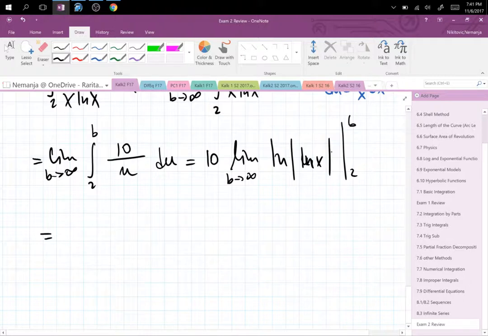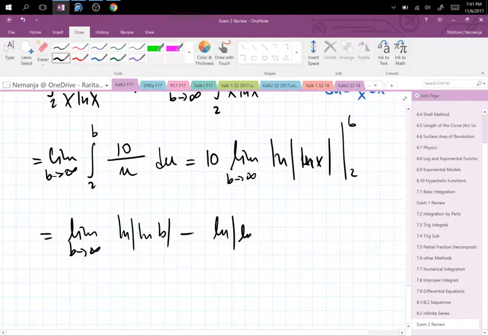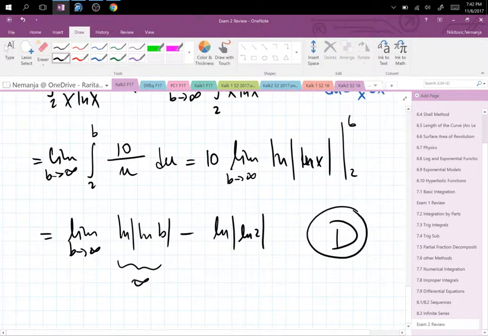Because when you plug in b, limit as b goes to infinity, we have ln of b minus ln of 2. Now, ln of 2 is okay. It's going to be some number, 1 point some. But this one over here goes to infinity. So, divergence.